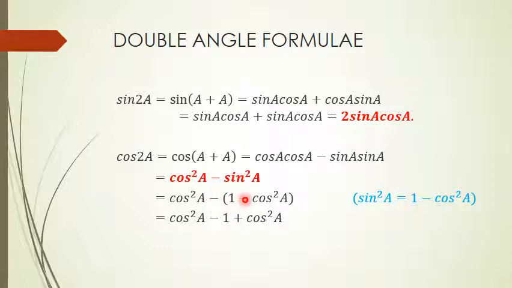Observe the minus 1 multiplied by minus cos squared a: 2 negatives will make a positive. And then cos squared a and cos squared a are like terms. Adding them, we obtain cos 2a equal to 2 cos squared a minus 1, which is another double angle formula for cosine.